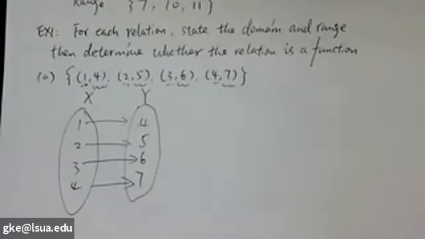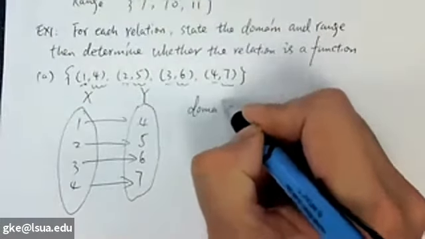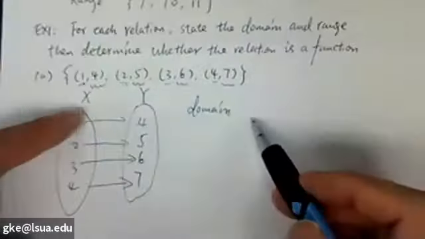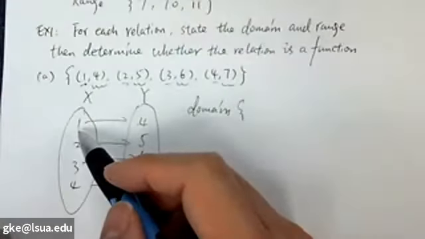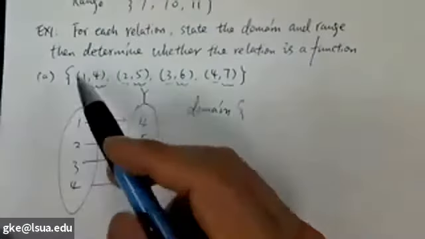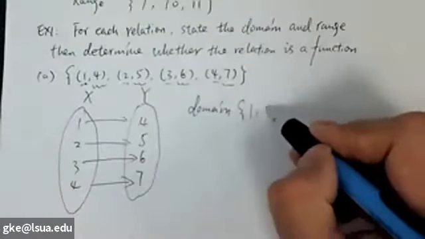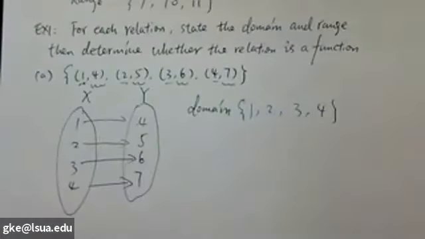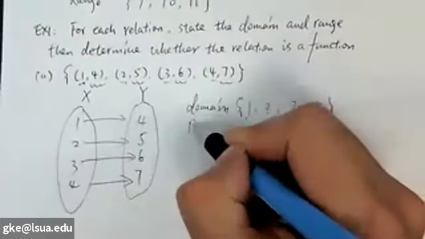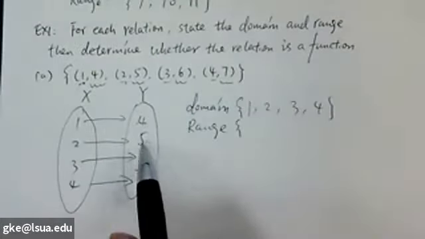Okay, and now you can see what the domain is. The domain is going to be the X set. You just copy it from the smallest to the largest: 1, 2, 3, 4. And the range, from the smallest: 4, 5, 6, 7.